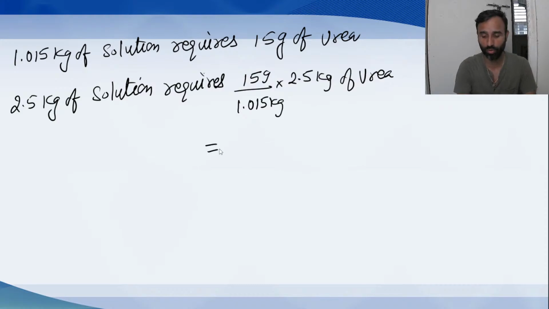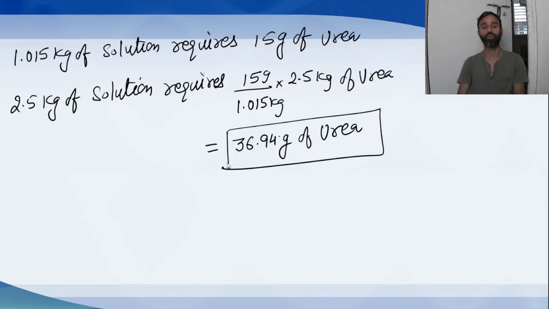It is equal to 15 into 2.5 divided by 1.015, that is 36.94 gram of urea.